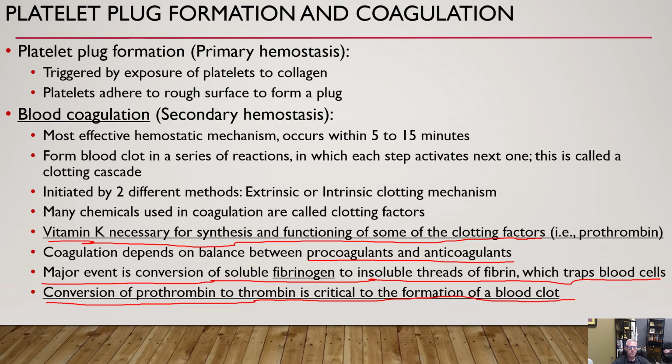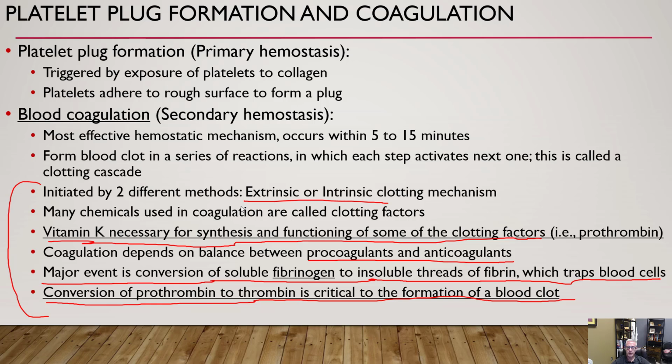One thing that I'll point out: when I say extrinsic and intrinsic, extrinsic means a tissue factor pathway, and intrinsic means a contact activation pathway. I know a lot of this is very confusing, and we'll see really how confusing it is over the next several slides.